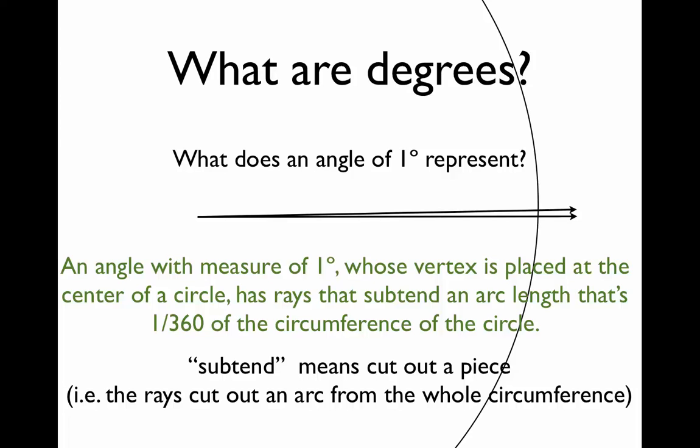Number 4 on the next page: what it means for an angle to have a measure of 10 degrees and 47 degrees. So practice talking that out with the person next to you. What does it mean for an angle to have a measure of 10 degrees, part B, and 47 degrees, part C? Top of the next page. Just turn the page.